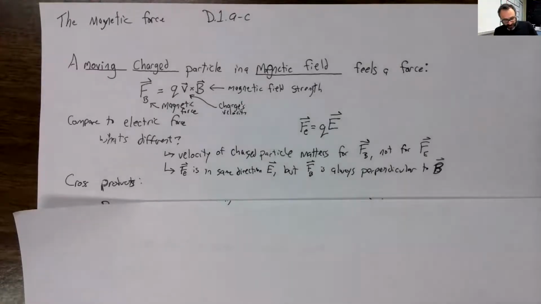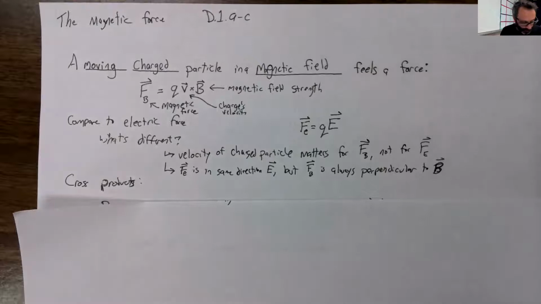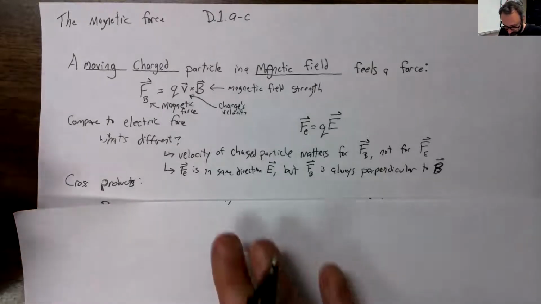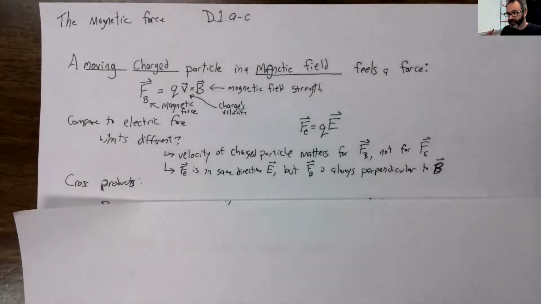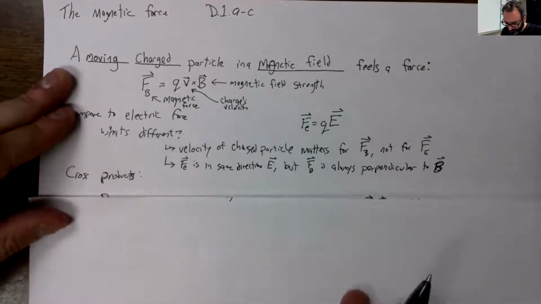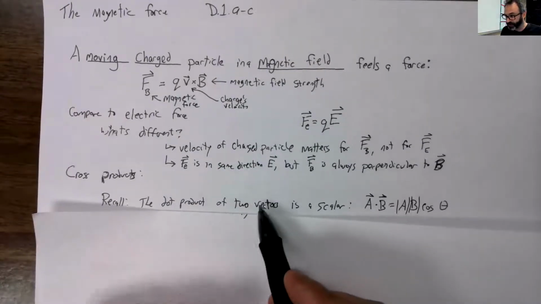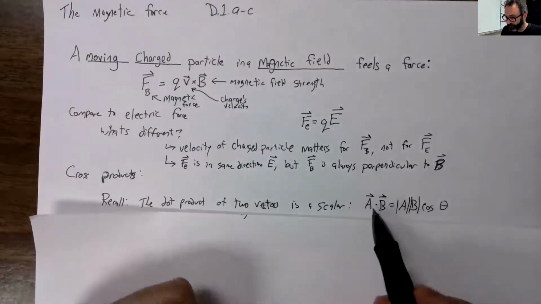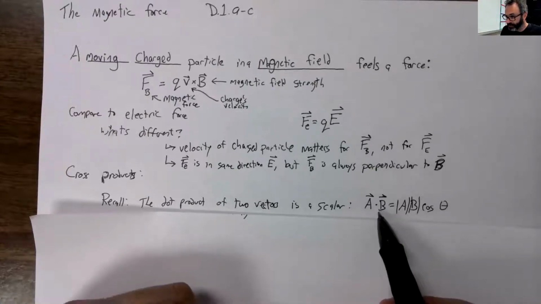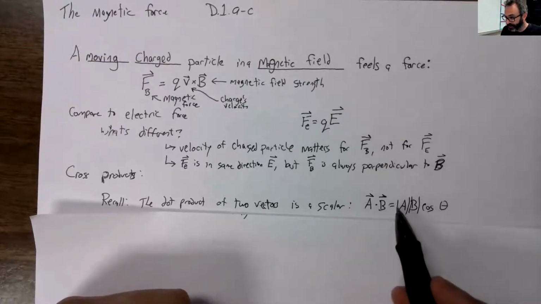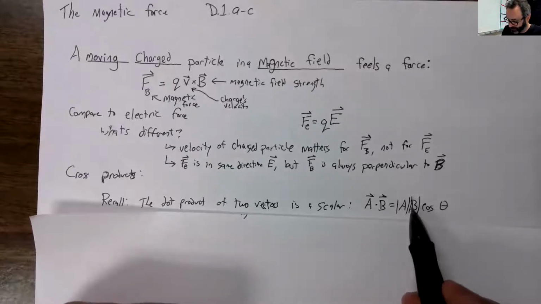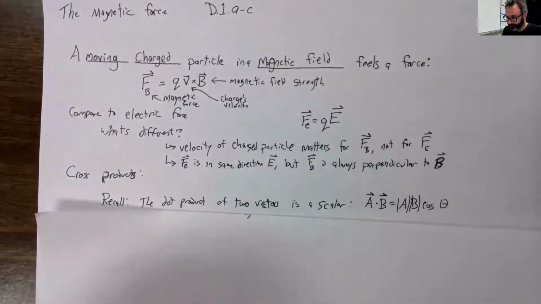And we haven't done a lot with dot products this year, but back in the earlier part of the course, we did briefly talk about dot products, right? There's two ways to multiply vectors together, right? The way we already learned a while back was to take the dot product, right? And the dot product of any two vectors is a scalar, right? If I had two vectors, A dot B, and I take the dot product of these, I get the magnitude of A times the magnitude of B times the cosine of the angle between them.